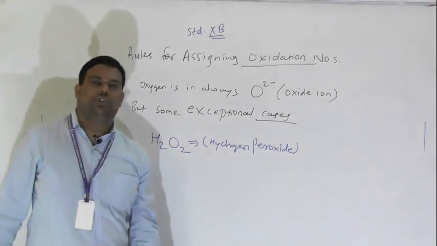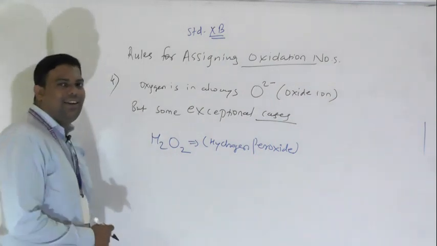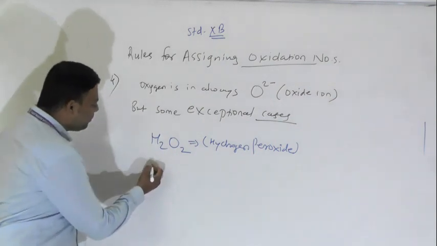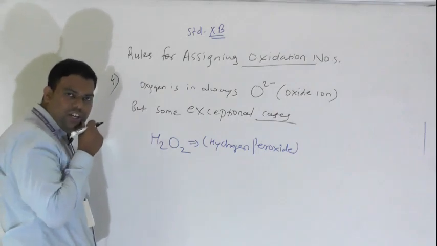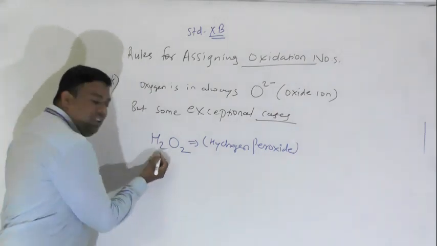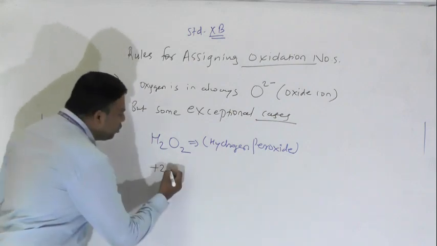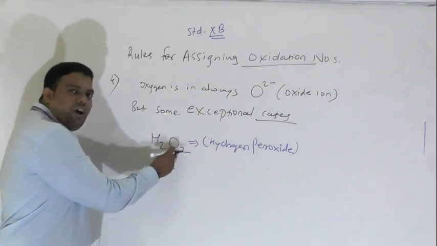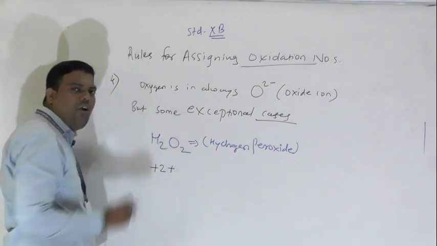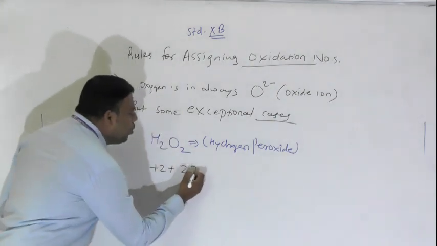Now see how it is exceptional for the oxidation number of oxygen. One simple calculation. Hydrogen always has charge +1, so two hydrogens give +2. Each oxygen's oxidation number is what we want, and there are 2 oxygens, so 2x.